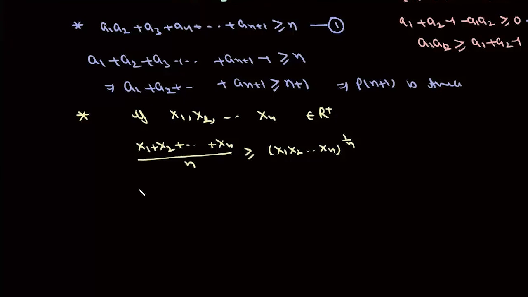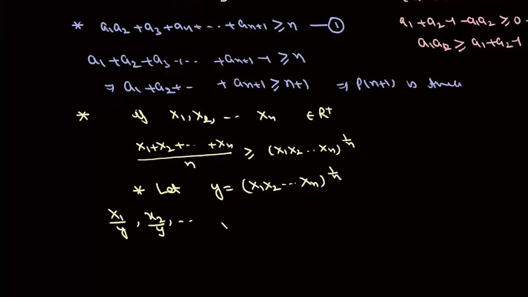Now for this, what we'll do is we'll let y equals x1, x2, xn to the power 1 by n, and we'll take n numbers as x1 upon y, x2 upon y, and xn upon y.